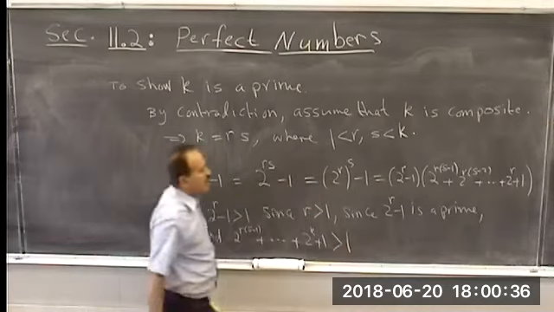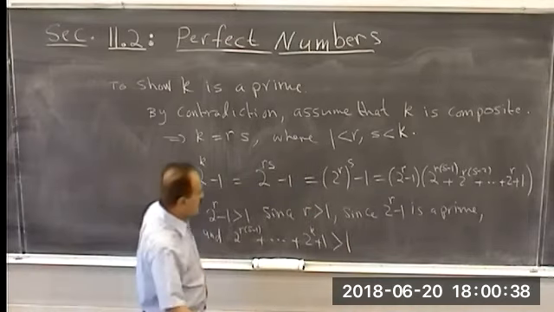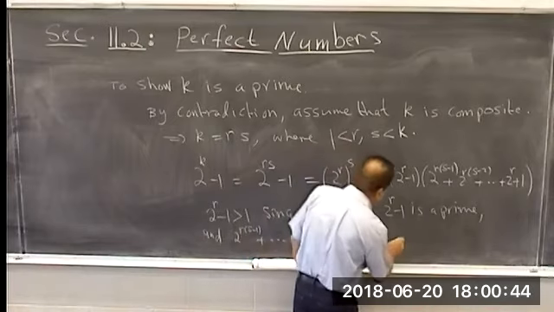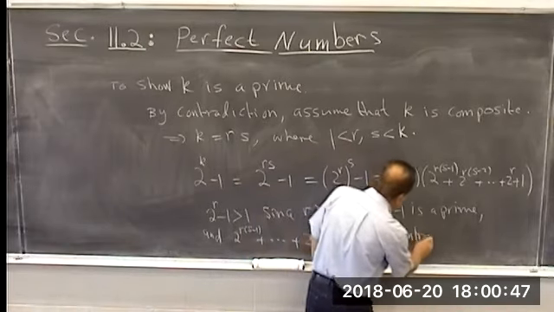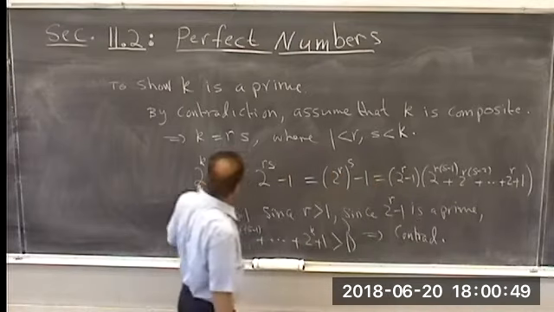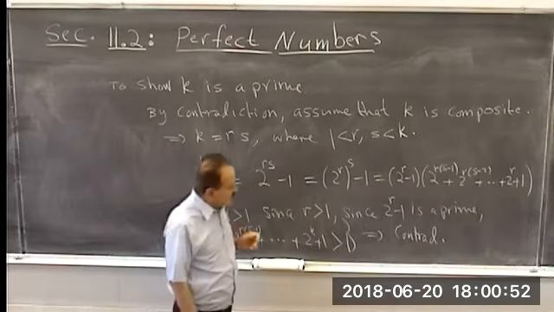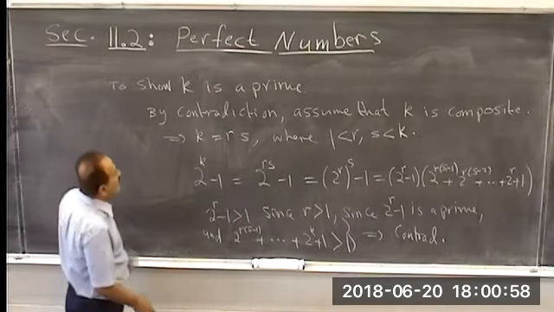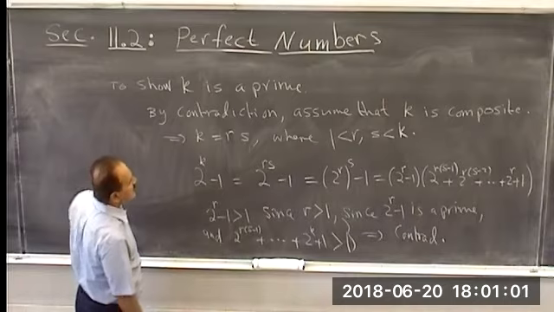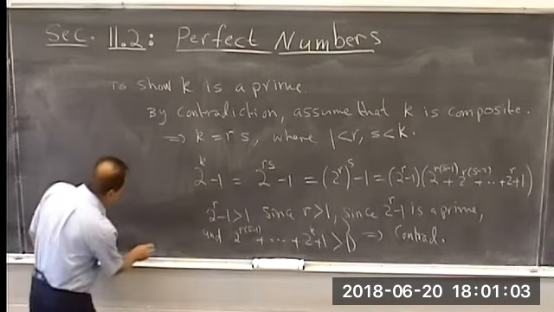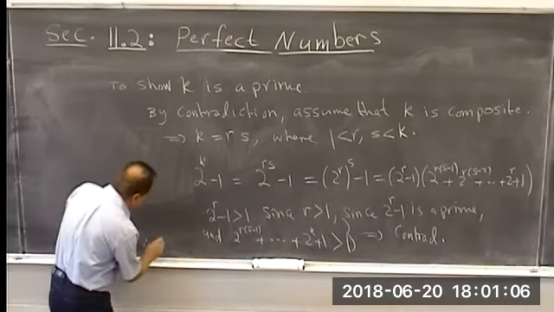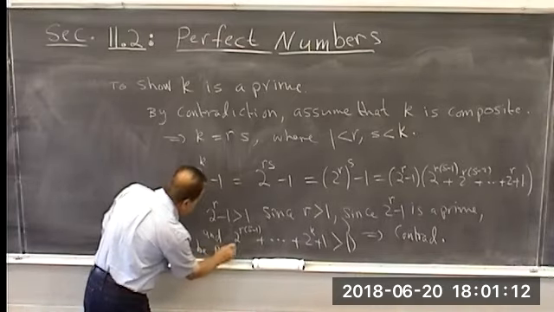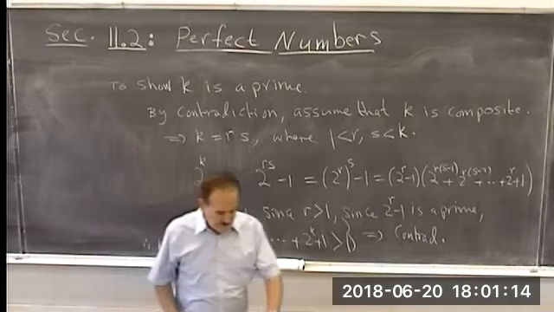Also, this is bigger than 1. So we have the contradiction. We have written this as a product of 2 numbers each bigger than 1, and that is not true. So therefore, the only thing that is incorrect is the assumption that k is composite. So therefore, k must be a prime. All right, so k must be a prime.